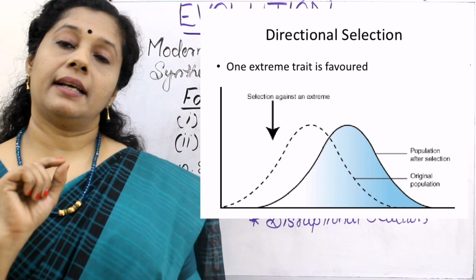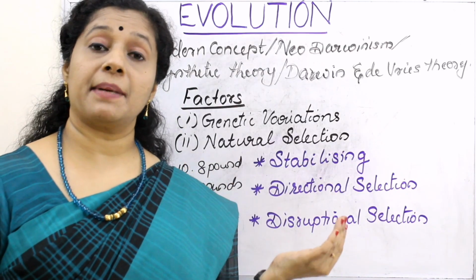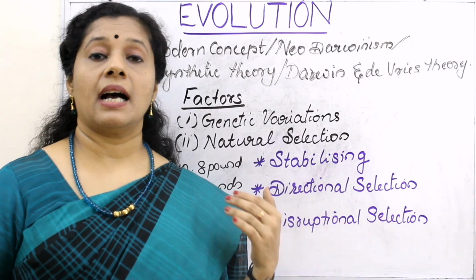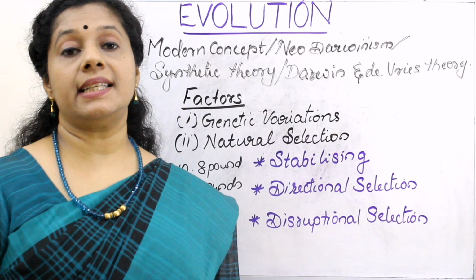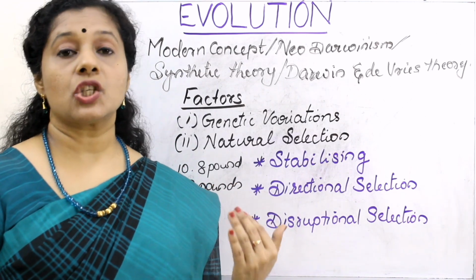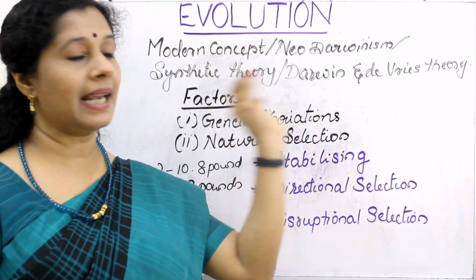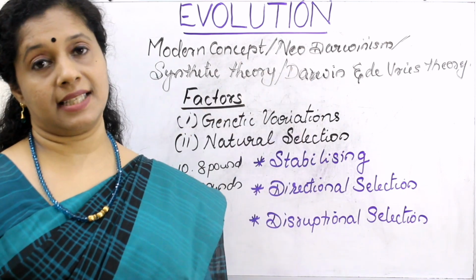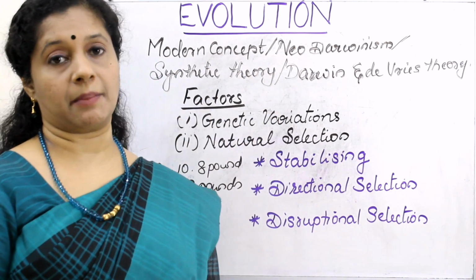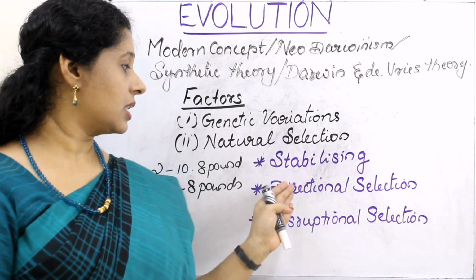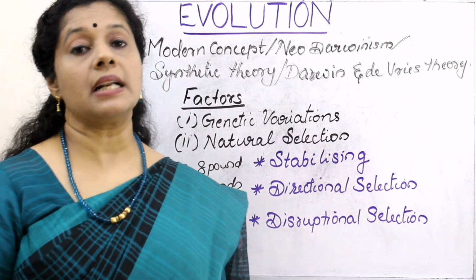Here one example is that mosquitoes had pesticide resistance previously and normal ones were also there. But once we started using DDT to kill the mosquitoes, slowly what happened? The ones which were resistant to pesticides, they were only extremes, but they got selected. So the graph is shifting to one extreme. That is the example of directional selection.